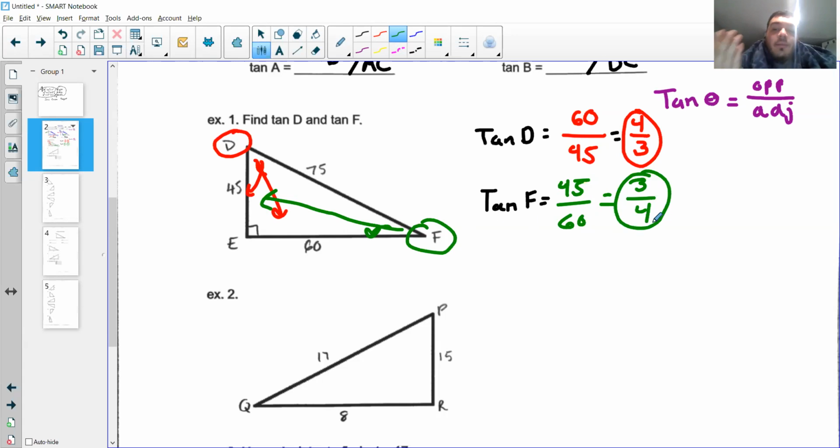Now, what is the name of a fraction that gets flipped over? Does anyone want to say what the name of the fraction is when you flip it over? It starts with an R. Improper fraction. No, it's not improper fraction.